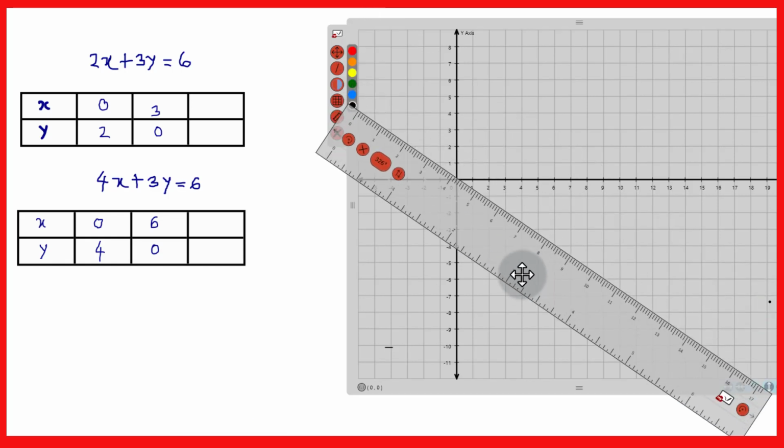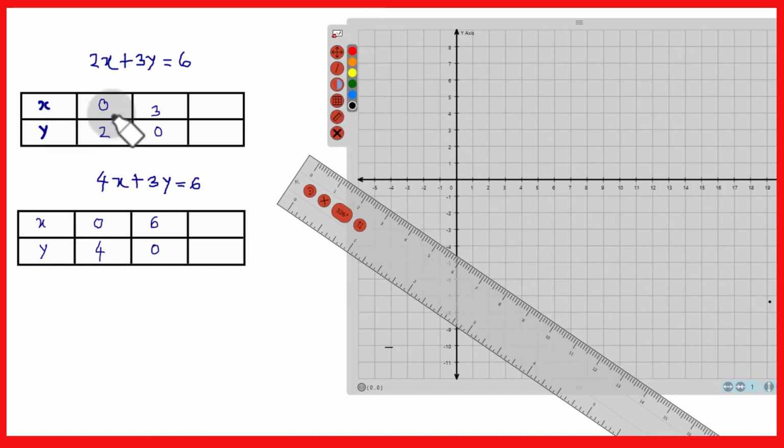So friends, here is a graph paper and these are the values which we had got. And so here we will plot the points first. When the value of x is 0, the y coordinate is 2, so your point will be here, correct?